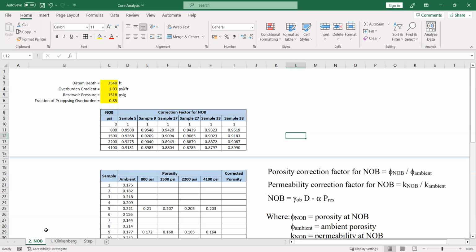In most core analysis studies, however, some core samples are selected for porosity and permeability measurements under overburden stress, or overburden effect.